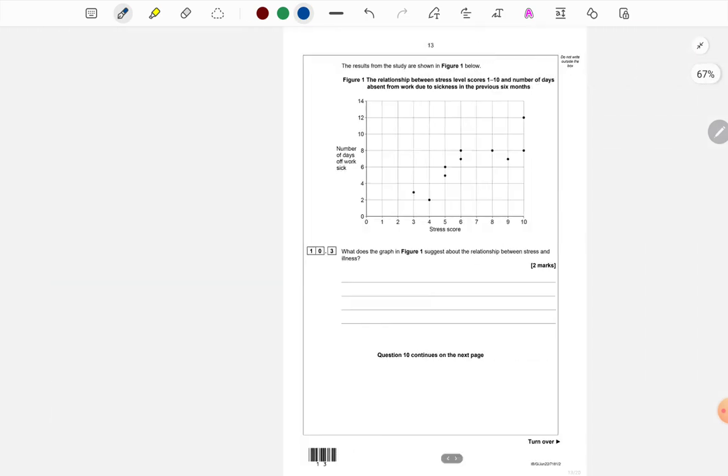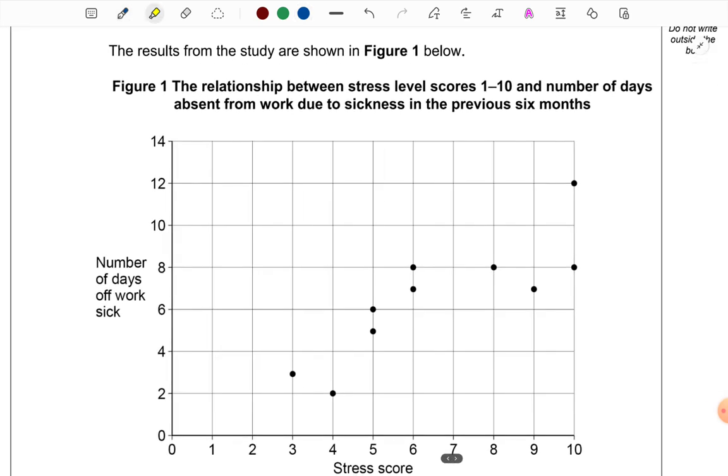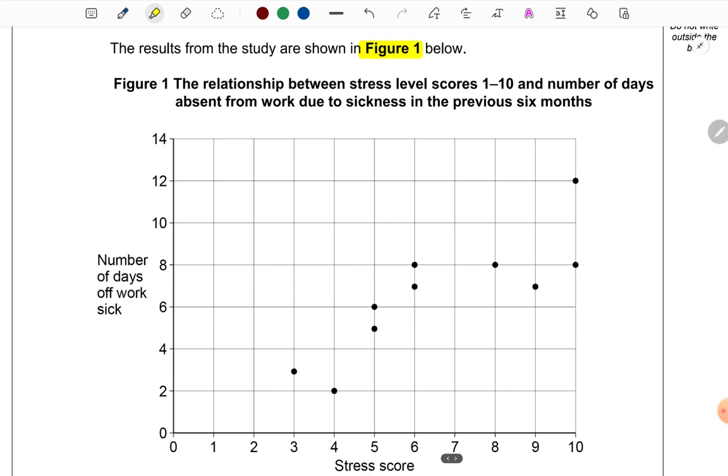Okay, let's come to the next question. The results from the study are shown in figure 1 below. Whenever we have a figure or a table in front of us, first we should read the title. The title says the relationship between stress level scores from 1 to 10 and number of days of absent from work due to sickness in the previous 6 months.